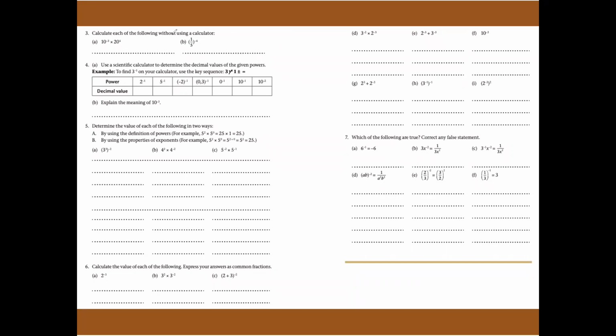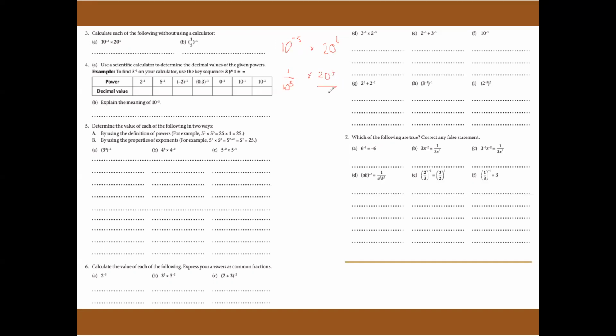So I'm going to be doing question 3a here because it's quite long. So we start off with 10 to the power of negative 3 multiplied by 20 to the power of 4. Okay, this 10 to the power of negative 3 can be written like this, multiplied by 20 to the power of 4.